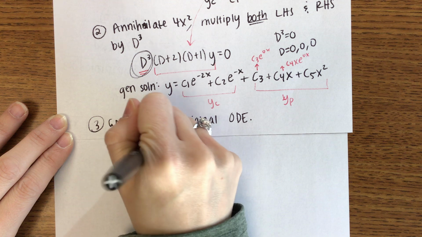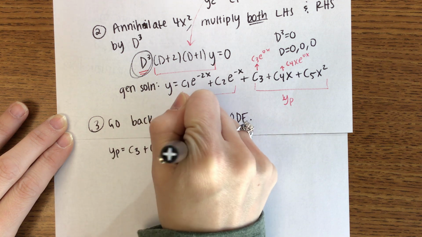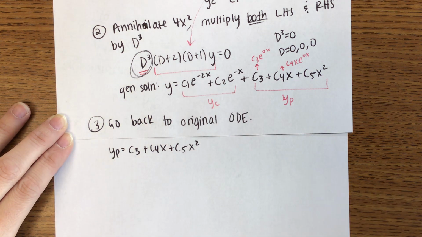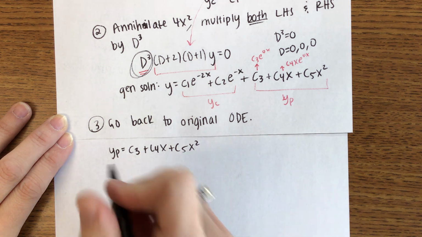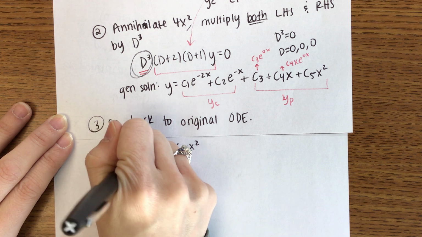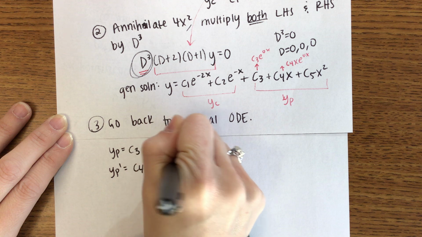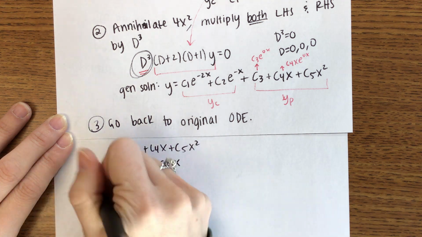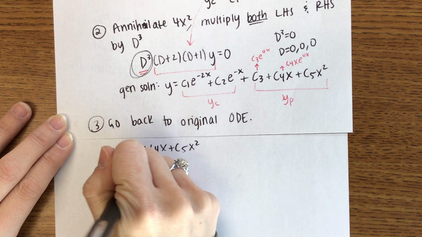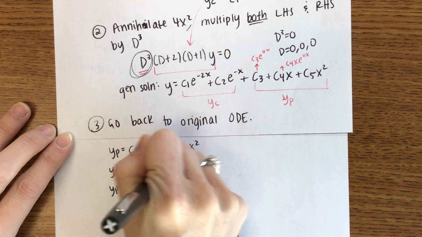So we have C3 plus C4x plus C5x squared. If we return to our original differential equation, we're going to need the first derivative and the second derivative. So we're going to take the derivative of this. We get C4 plus 2C5x. Second derivative then is going to be 2C5.